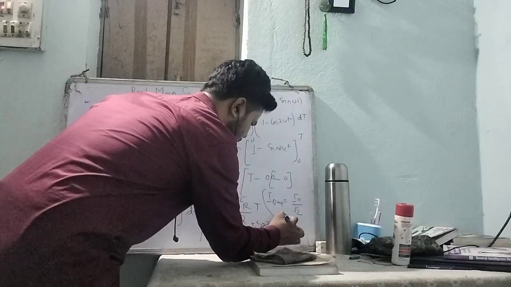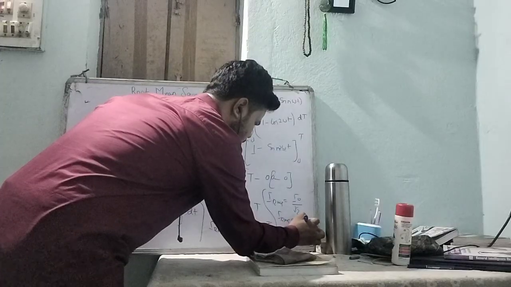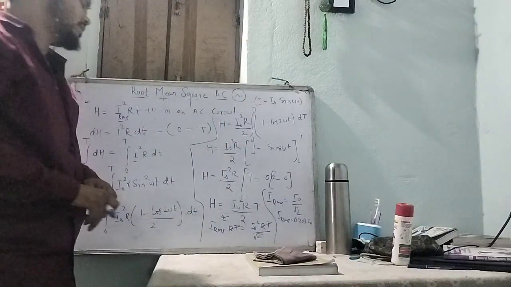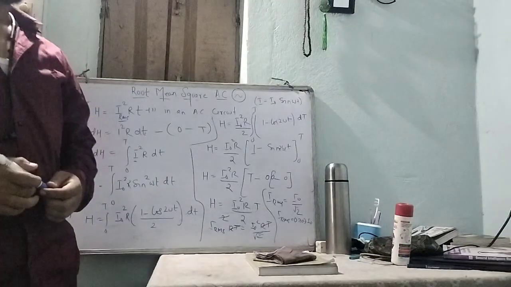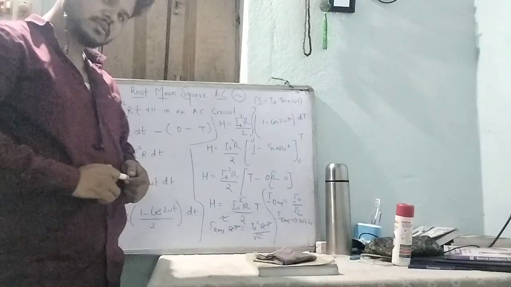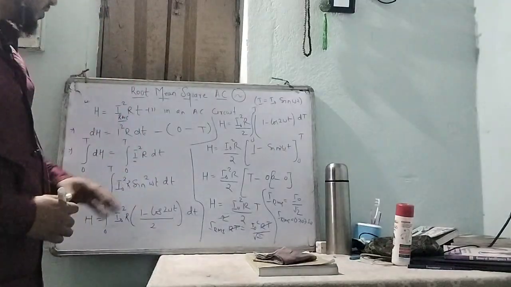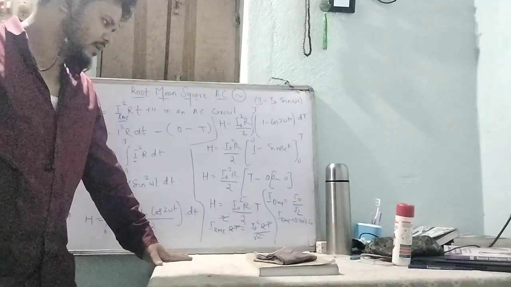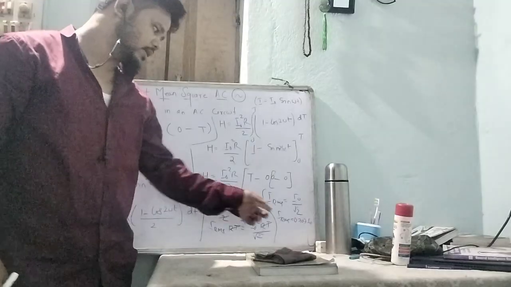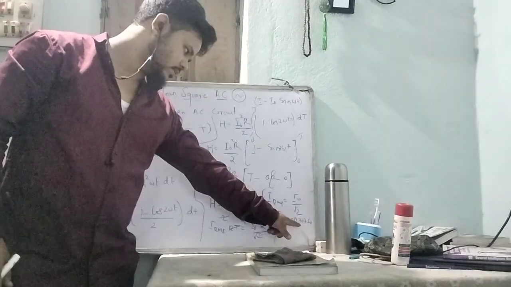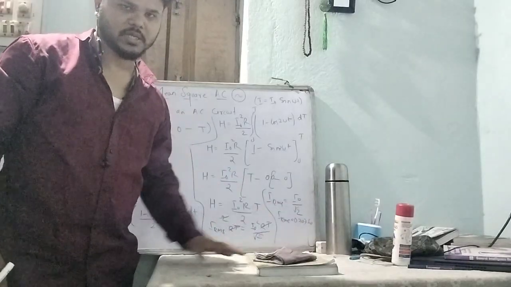So I RMS is equal to 0.707 into I naught. So the value of I RMS will be 0.707 times the maximum value of the peak current in an AC circuit. I hope you guys understood the concept of the RMS and the way I have derived the multiplication factor with the peak value of current to determine the root mean square value of the current.